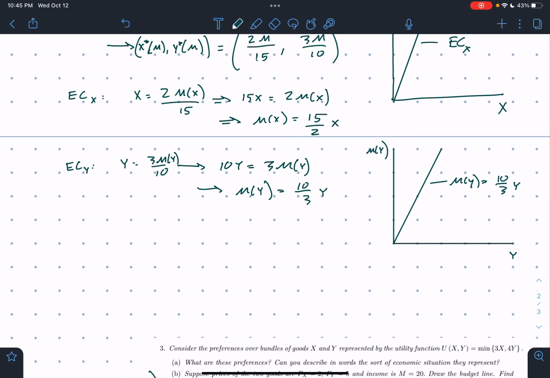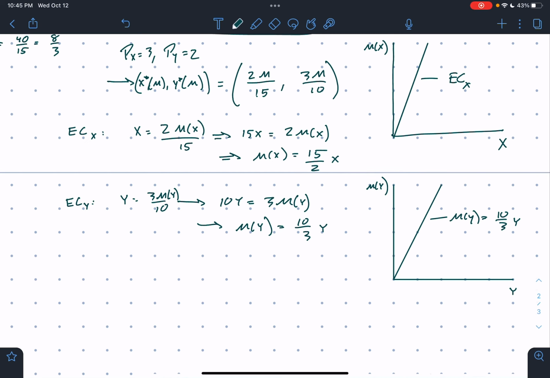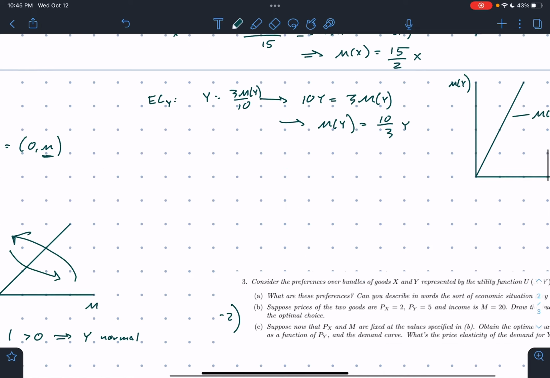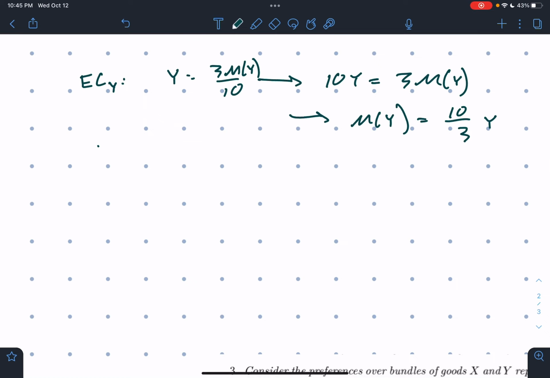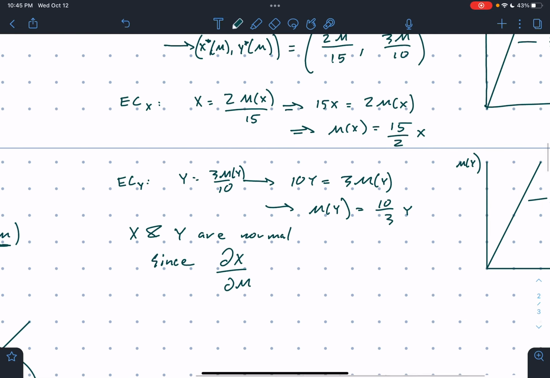Okay. Now we can see that both of these are increasing. So they both have positive slopes, which means that they are both normal goods. Oh, sorry, I should have looked at this differently.